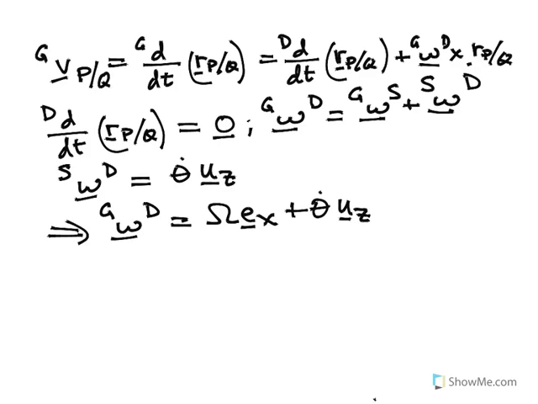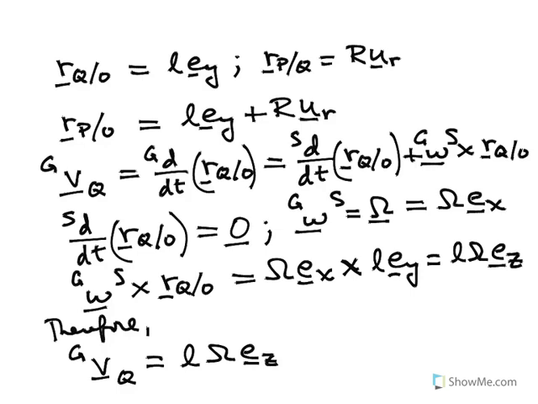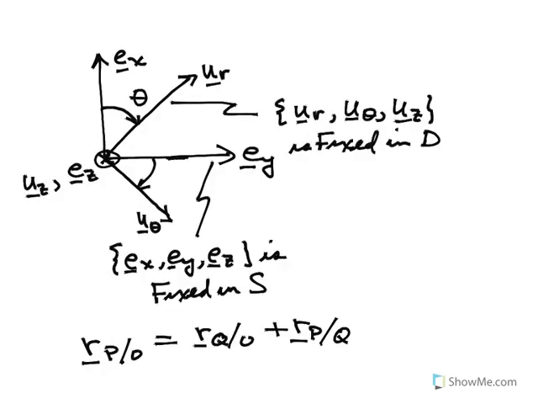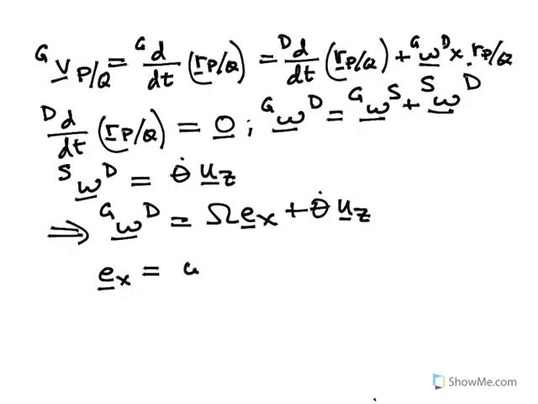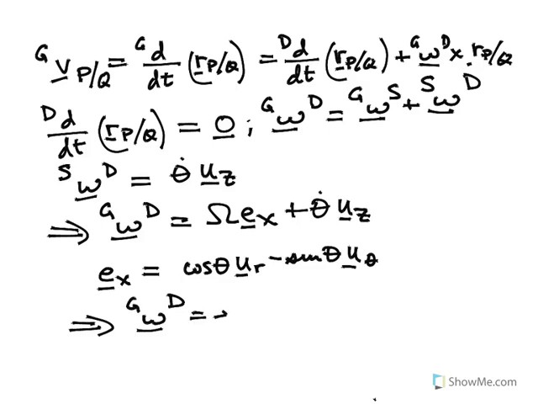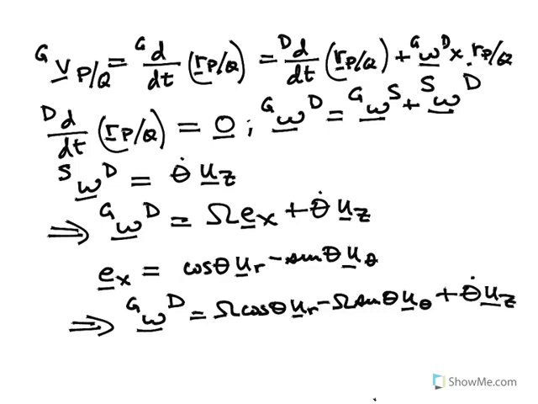But again, we need to decompose ex into the basis ur, u theta, uz, and you can see again that it's equal to cosine theta times ur minus the sine of theta times u theta, which gives us that the angular velocity of the disk as viewed by an observer fixed to the ground is equal to omega cosine theta ur minus omega sine theta u theta plus theta dot uz.